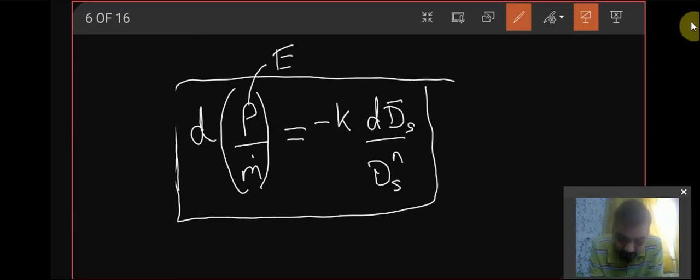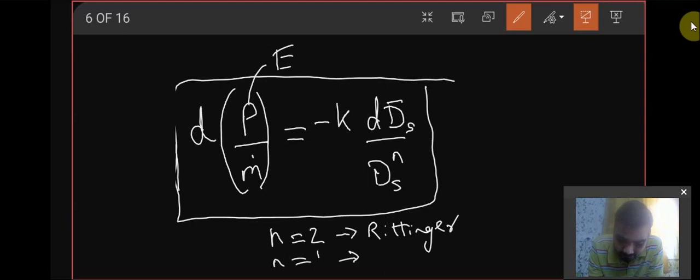Now, if we take n equal to 2, we get Rittinger's law. When we take n equal to 1, we get Kick's law, and n equal to 1.5 gives Bond's law.